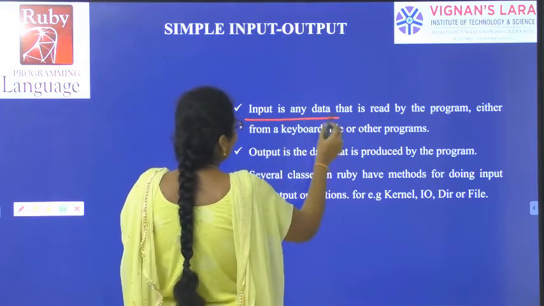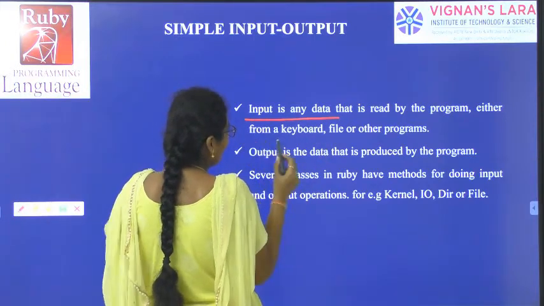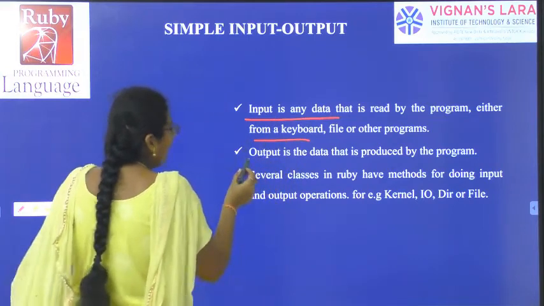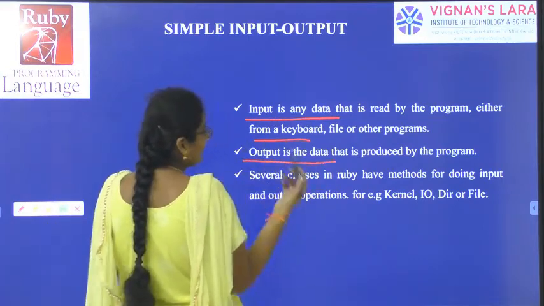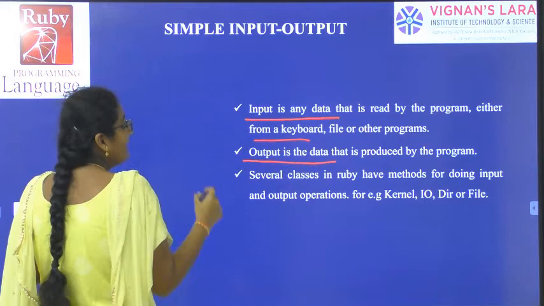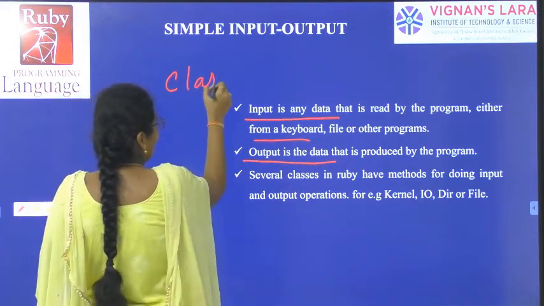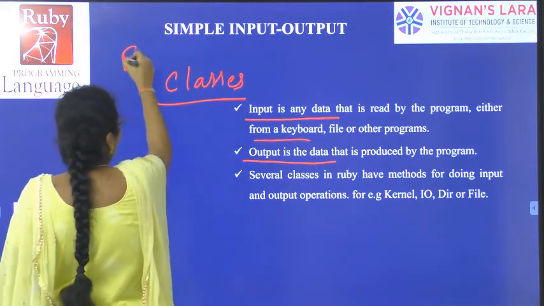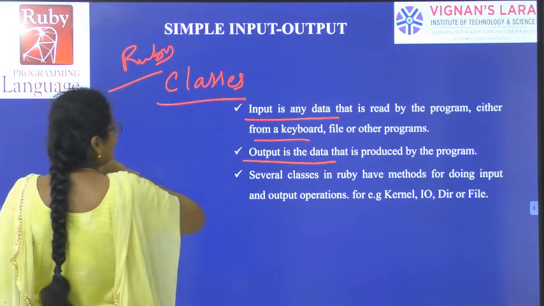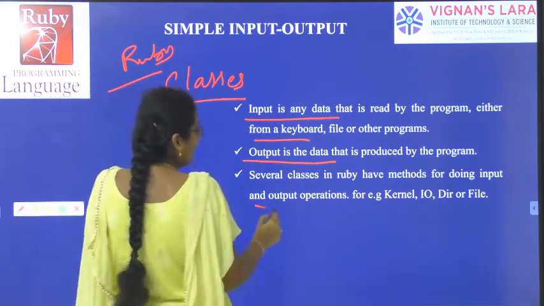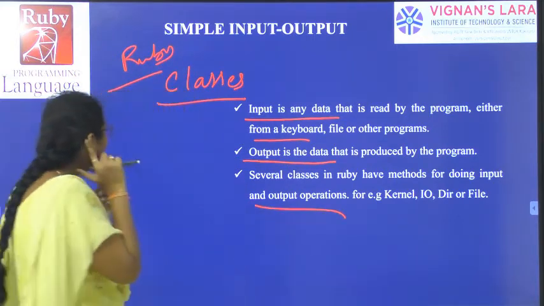So input is any data that you can take from the keyboard or a program. Output is data that is produced by the program. In Ruby programming we have the concept of classes for doing input and output operations. This is a very important point.